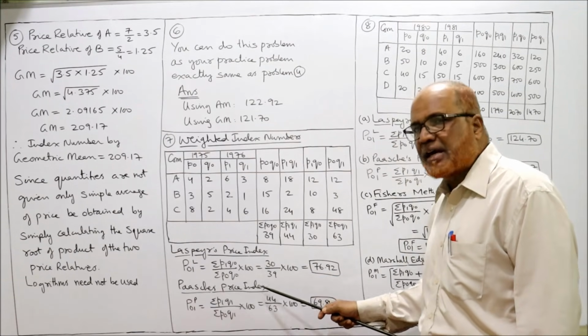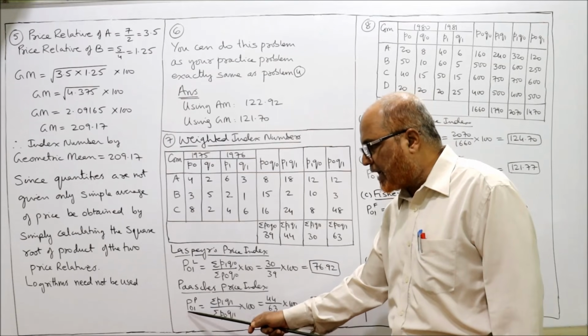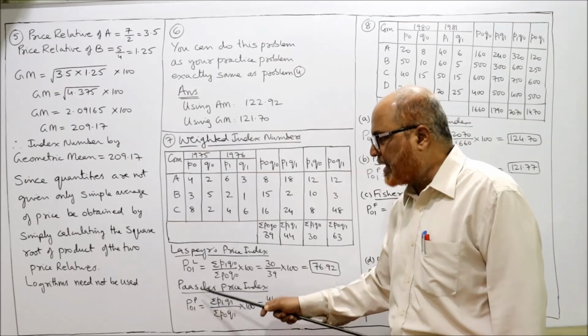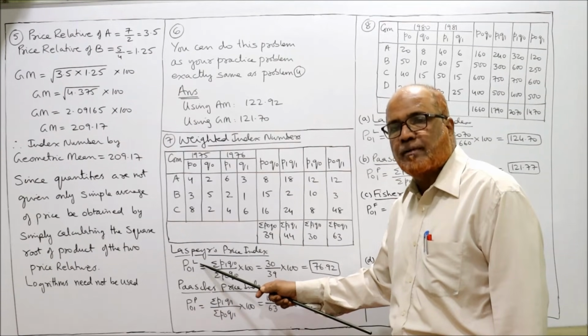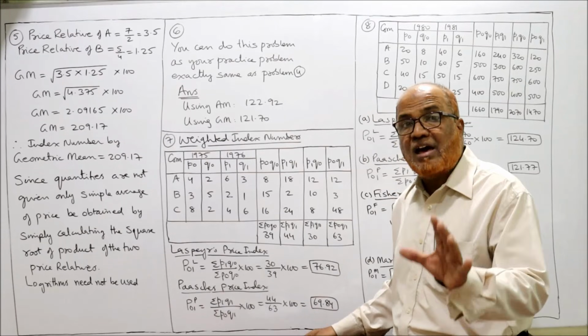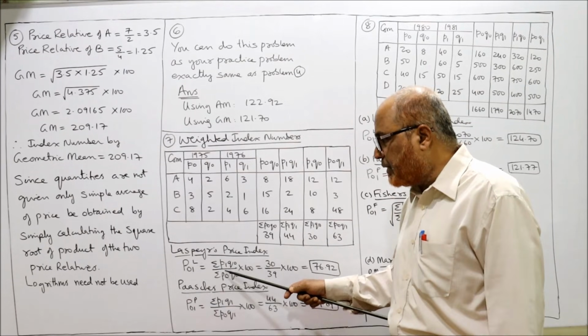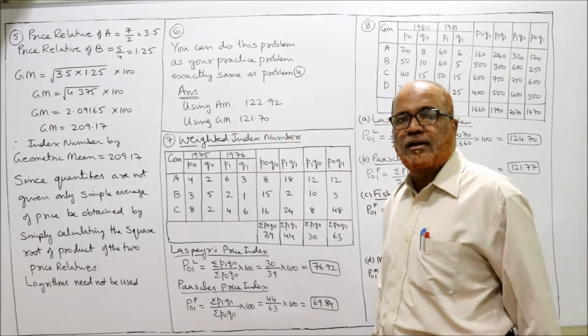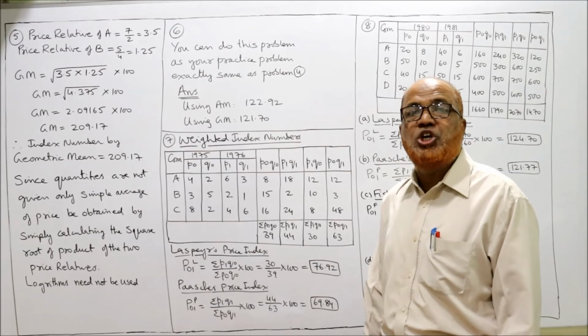Now Paasche's price index. Price of current year compared to base year according to Paasche. P stands for Paasche, L stands for Laspeyres. The Paasche formula: summation P1 by summation P0 as it is. Every problem will have summation P1 by summation P0. Now we multiply the current year's quantity. The current year's quantity is Q1.